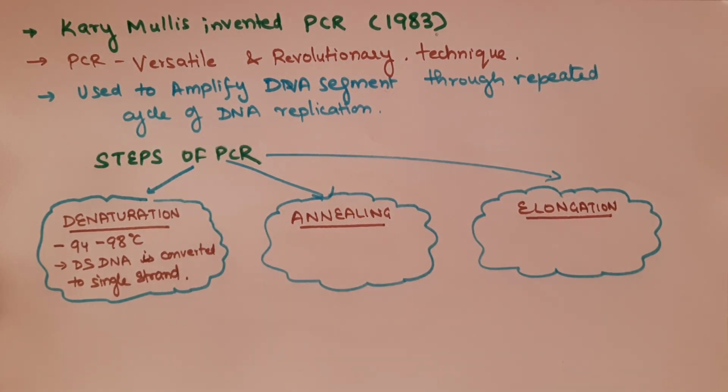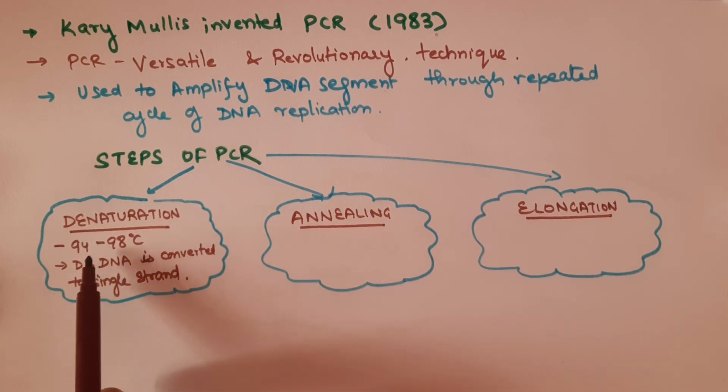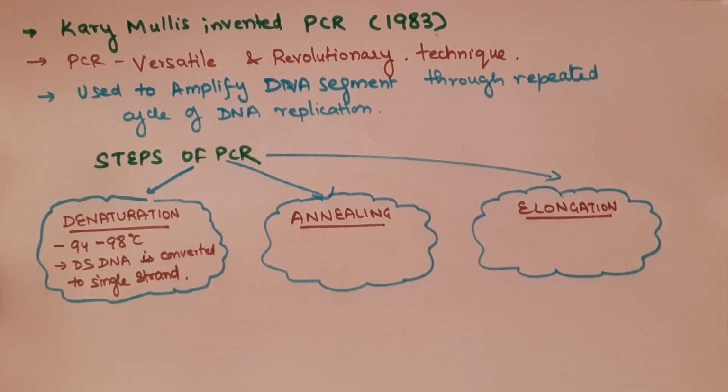The optimal temperature required for separating the double strand DNA is 94 to 98 degrees Celsius.